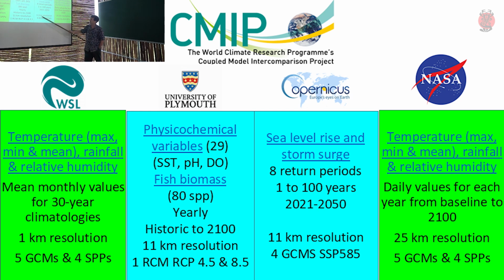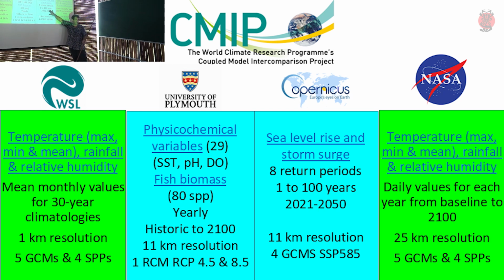And then we also collected information on sea level rise and storm surge. It's at 11 kilometre resolution, from 4 general circulation models, and only for the period 2021 to 2050. And it's got storm events of different return periods. A once in 1 year storm is a storm that will occur once in 1 year, so it's a moderate storm.